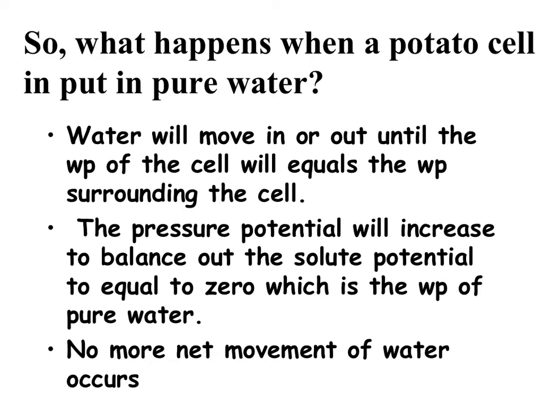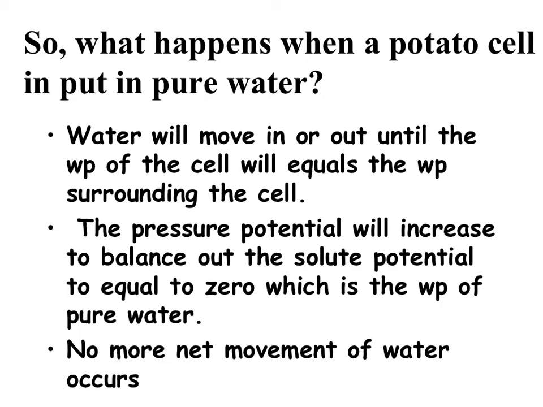Well, water is going to move either into or out of the cell until the water potential of the cell itself is equal to the water potential of the solution that the cell is in. Now, pressure potential is going to increase in order to balance out your solute potential. We're always trying to achieve that 0, always trying to get closer and closer to the water potential of pure water.